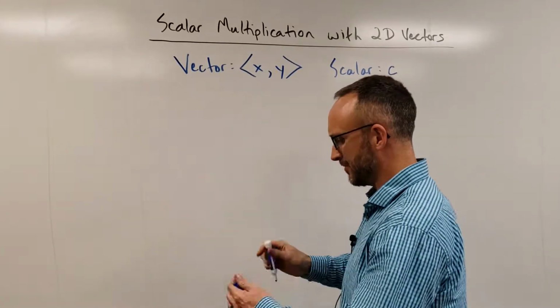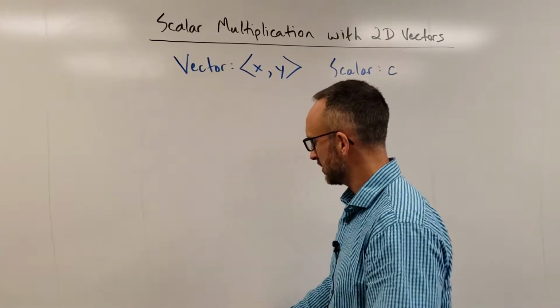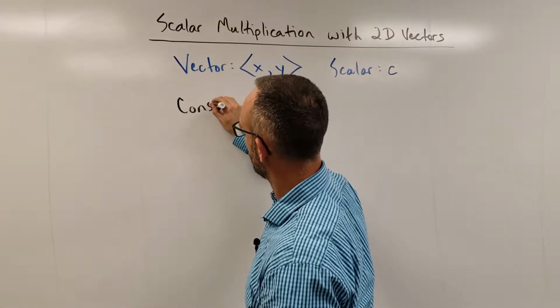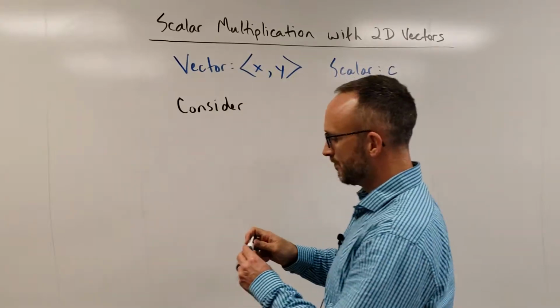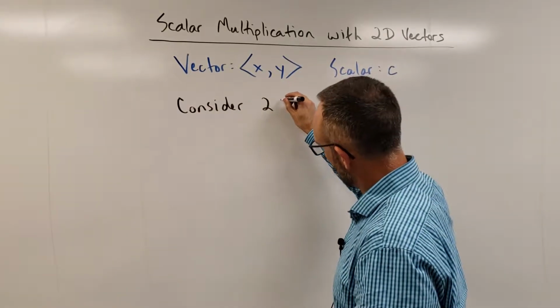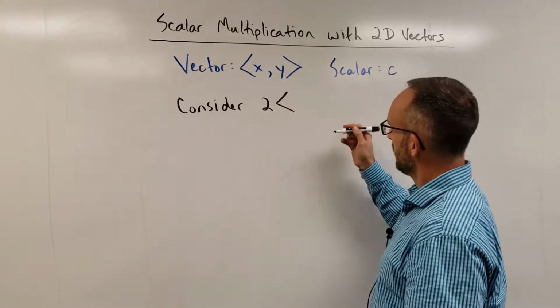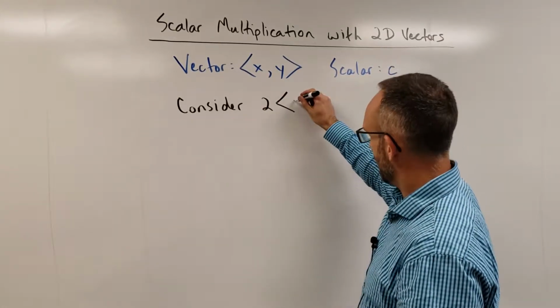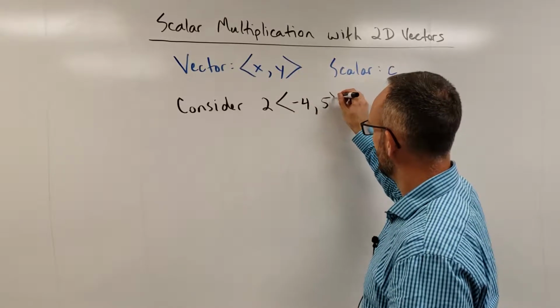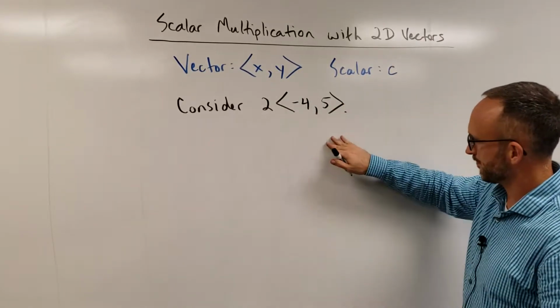So let's say we want to consider, how about 2 times the vector. Let's say we've got the vector -4, 5. So let's consider that vector.